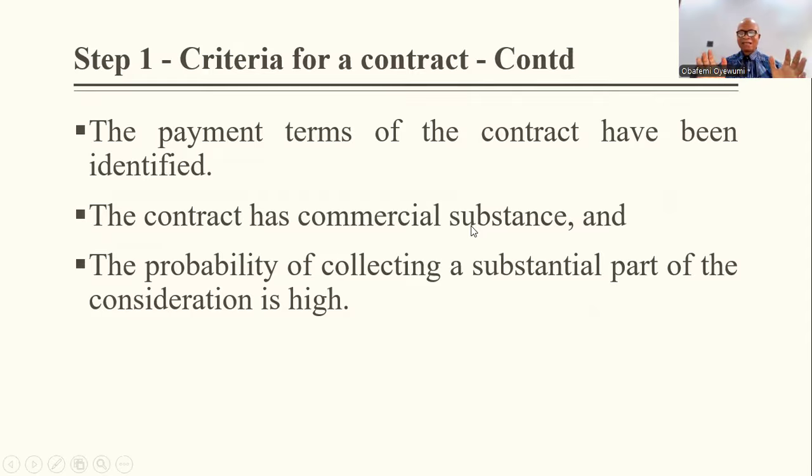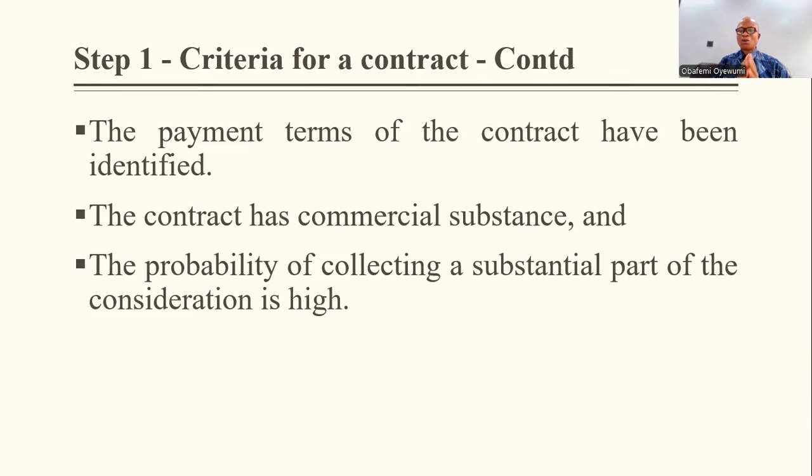A contract that has commercial substance is such that the risk, the timing and the amount of the entity's cash flows have been well determined. So there must be risk, timing, and amount attached to it.